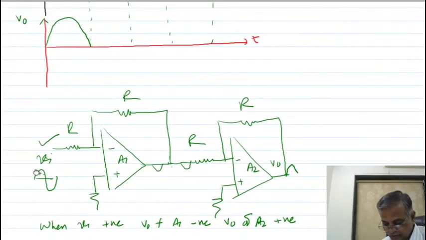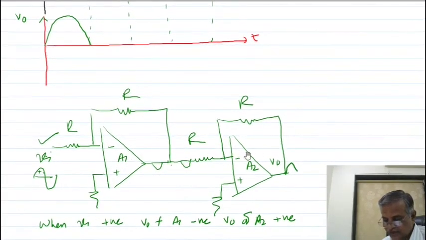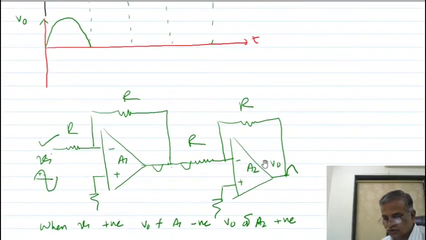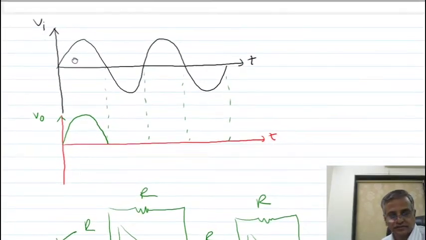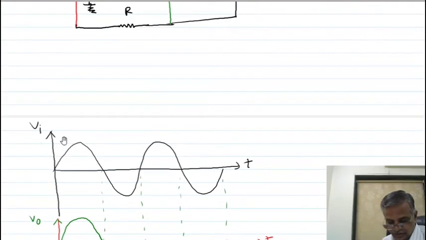When input is positive, A1 output is negative and A2 output is positive, so I will get the positive output during the positive half cycle. Or I can write here: D1 on, D2 off.